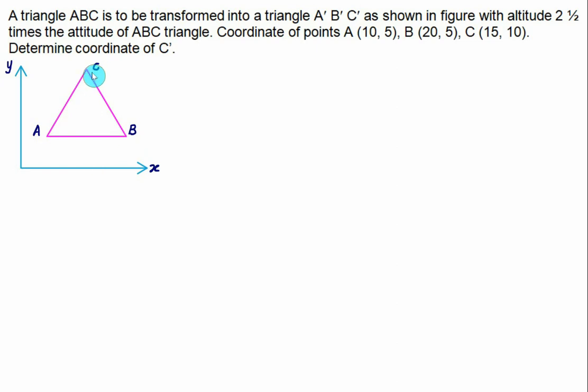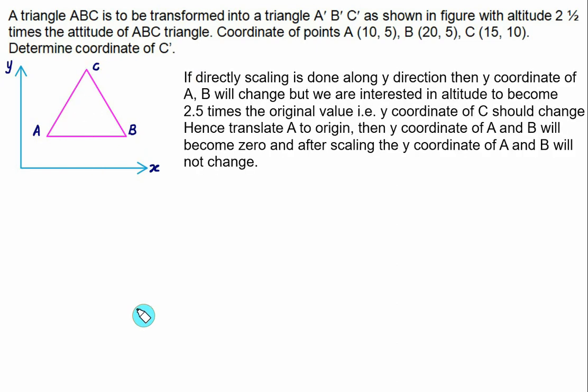Only the coordinate y of point C will change. So we'll justify here why we require the translation, because we require the scaling along the x direction equal to unity. So we do not want to change the base. So Sx equal to 1 and Sy we want equal to 2.5, so that the height, that is the altitude, will become 2.5 times.